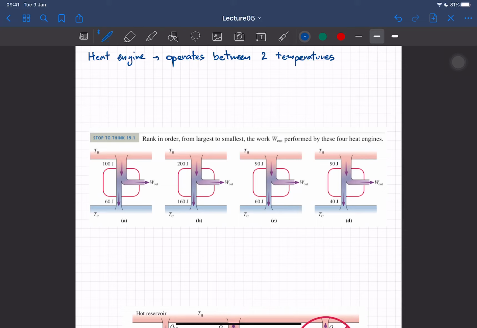Okay, and the goal of the heat engine is trying to extract work, right? So goal is to extract work from these two heat baths, these two temperatures. So let me just say heat bath here.